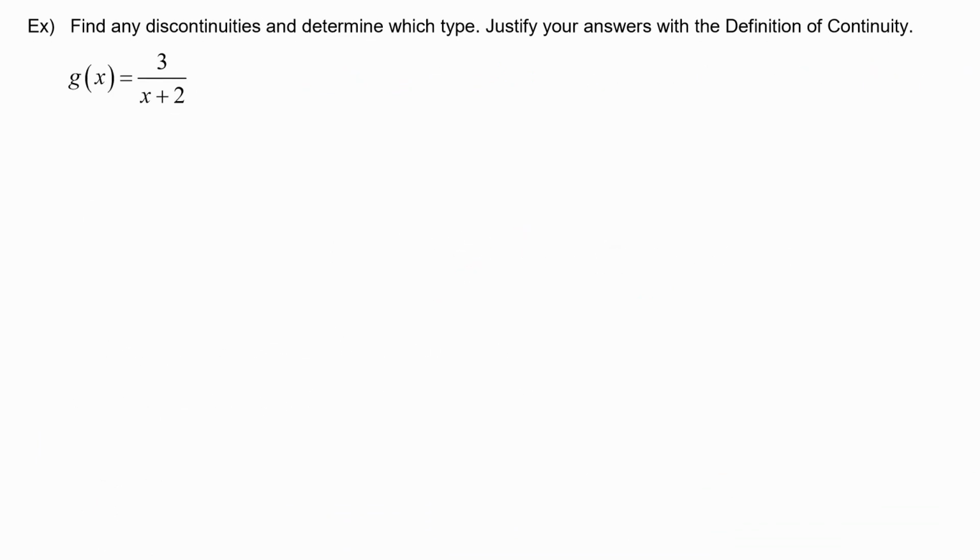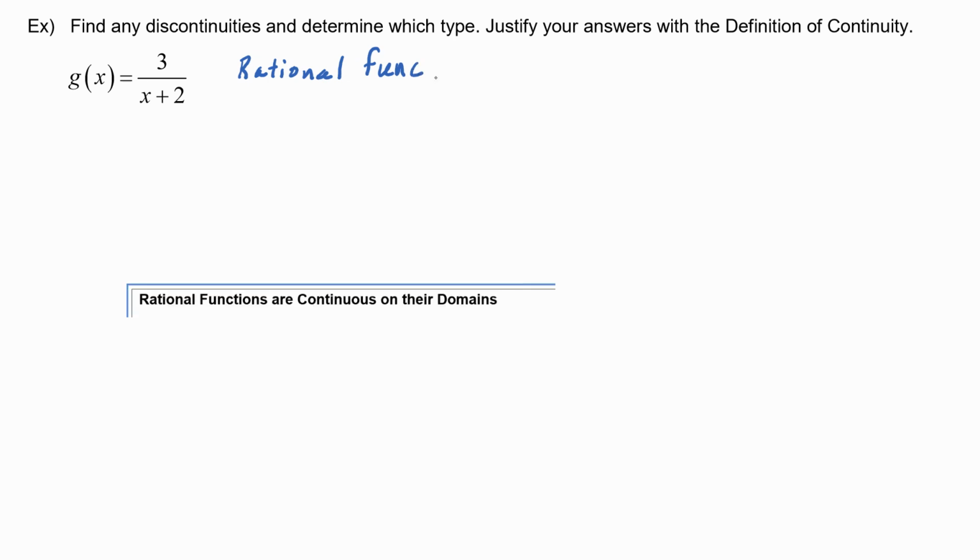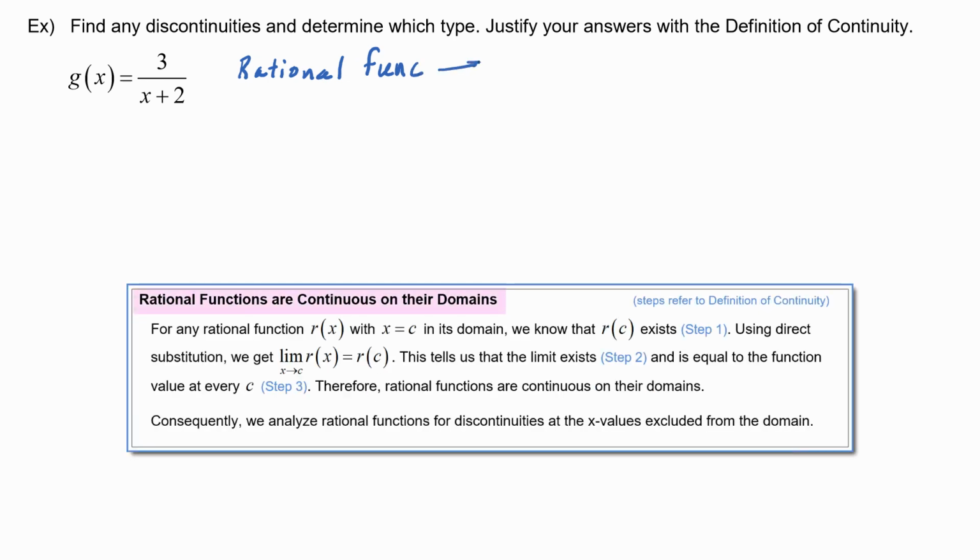In this example, find any discontinuities and determine which type. Justify your answers with the definition of continuity. G of x is equal to 3 over the quantity x plus 2, so we recognize that that is a rational function. Which we know means it will be continuous on its domain.